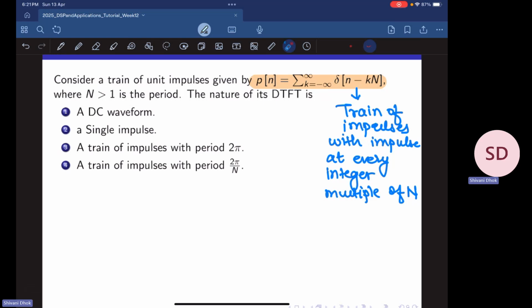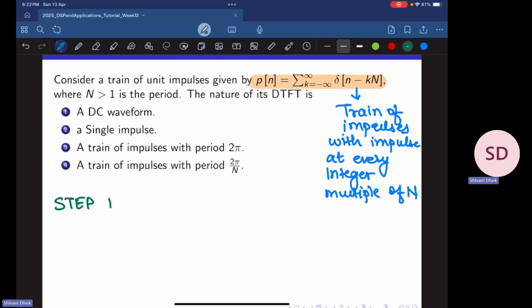We have seen a similar case for continuous time also, where we had found the CTFT of a continuous time train of impulses, and in that also we had taken a different approach, and the different approach was it is dependent on the discrete Fourier series, or rather the Fourier series coefficients. So for this also we will take a two-step approach.